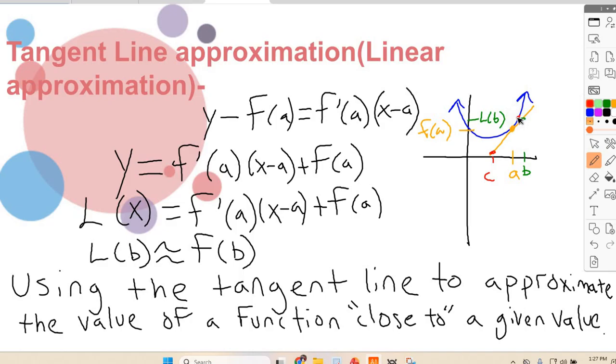This value would have been my f of b. So it would be a what? An underestimate, yes? Because my line is under my graph, so my y values are going to be under what the actual y values would be.